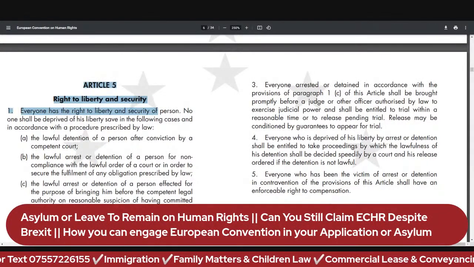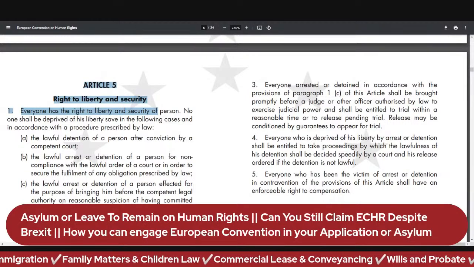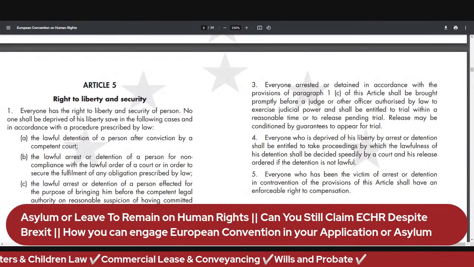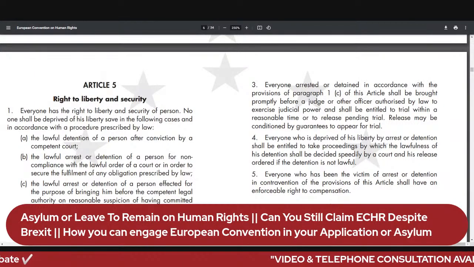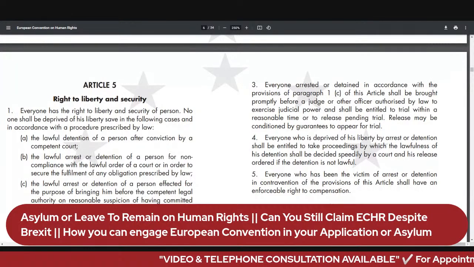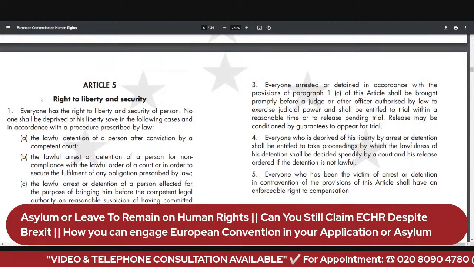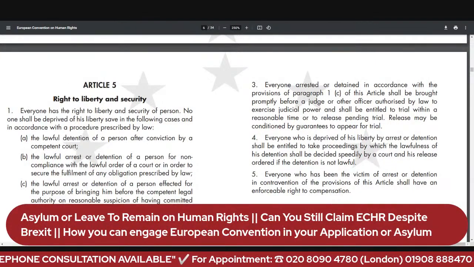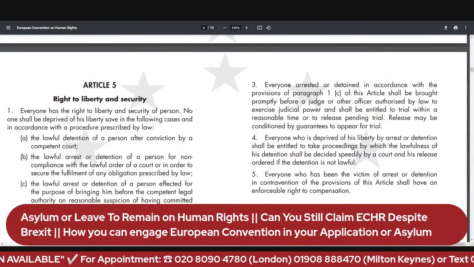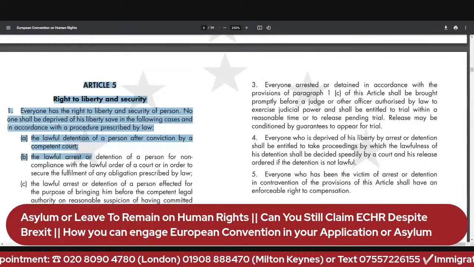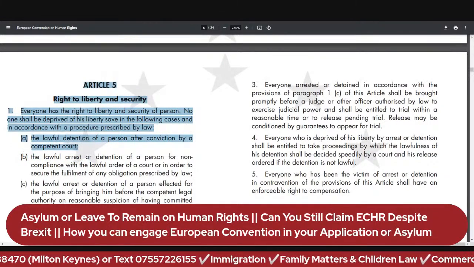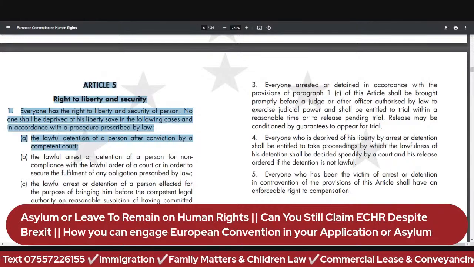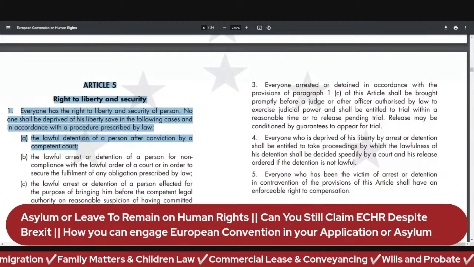So you need to present your case. You need to present the facts of how you will be detained unlawfully and how your liberty will be restricted. You need to provide evidence. There is a lot of evidence you can present to the Home Office, depending on your circumstances. For example, if you are from Egypt, and currently the political party called Muslim Brotherhood are being detained unlawfully.